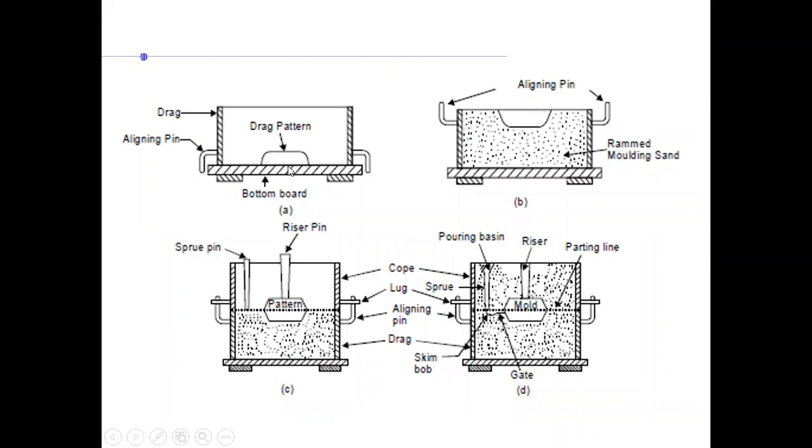That's what we're calling drag. And the portion of the pattern, the half pattern that we will put in drag, is called drag pattern, right? Don't get confused. We have two patterns, top and bottom, basically two halves. So one half is called drag pattern that we'll keep in the drag, right?